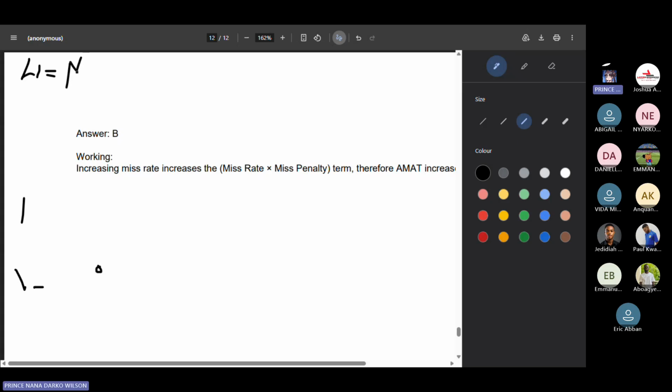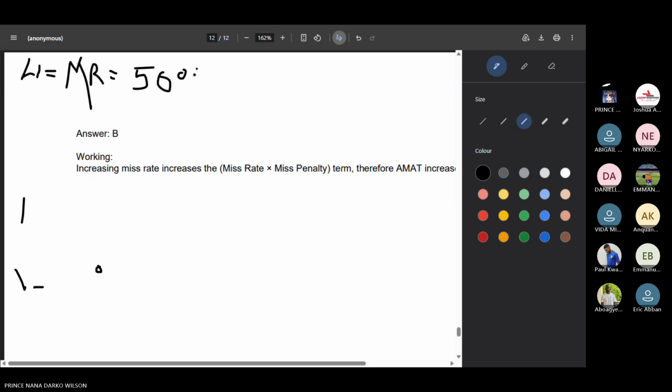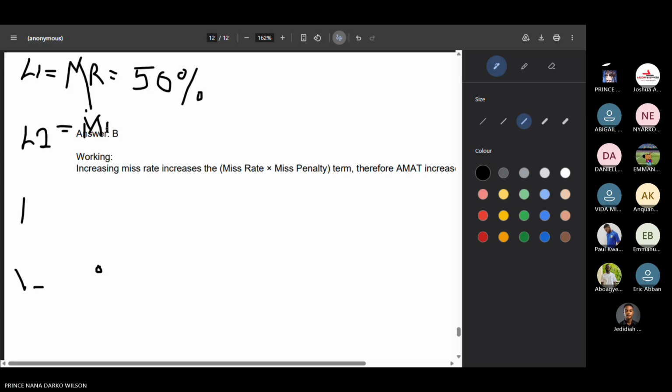Level 1 miss rates. And then it is 50%. And then we have level 2 miss rates. That's 12%.